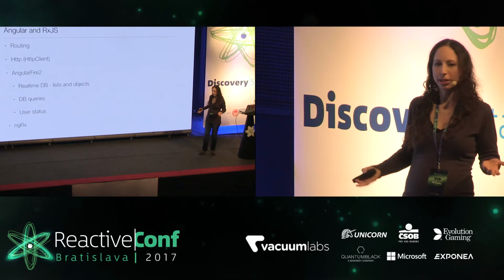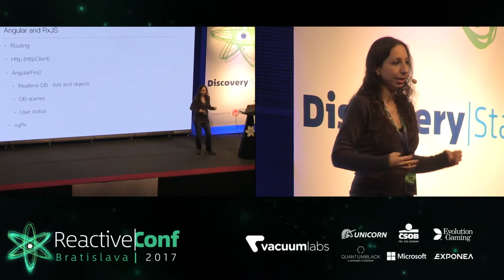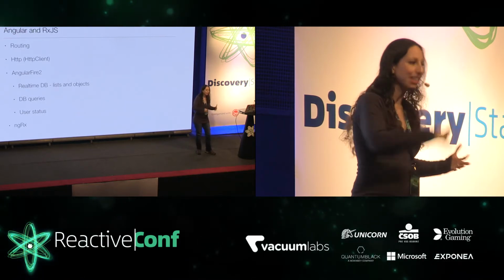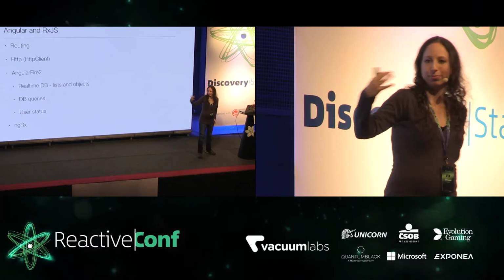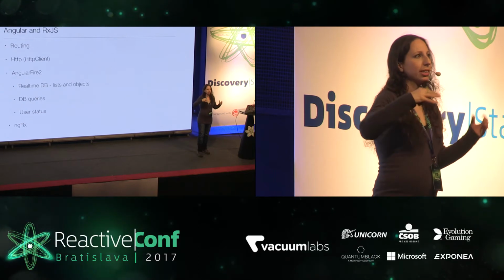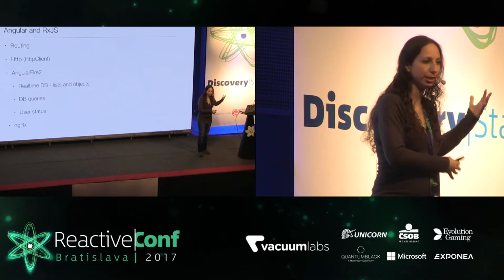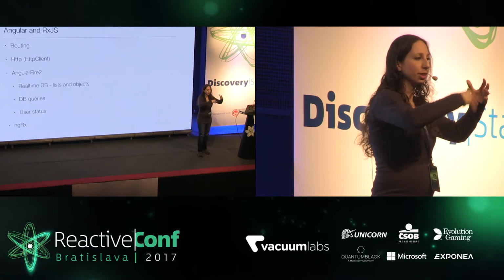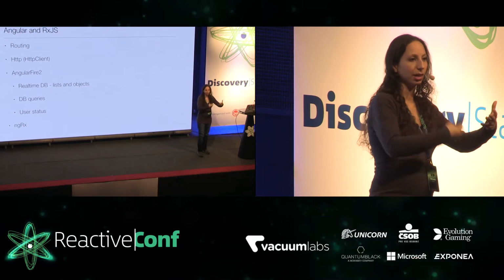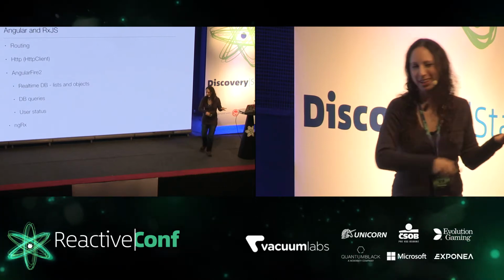Another thing about AngularFire 2, if you want to query your data, the queries themselves that come from the client side are also implemented as observables. So if you, for example, want the user to be able to change the number of results that you get from the database, then the number of results will be an event emitted into an observable.